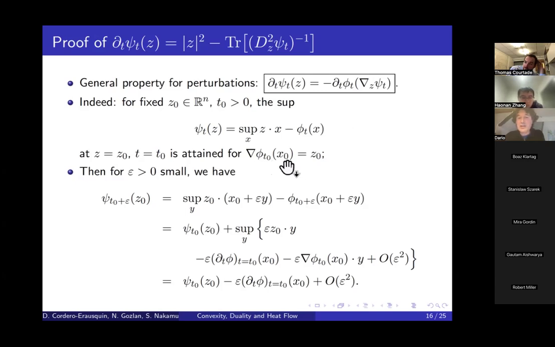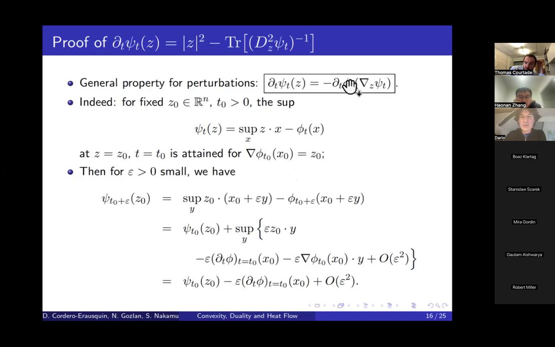If you remember, the Legendre transform has the property that at the level of gradients, it gives the inverse. So the point x naught here is indeed grad psi t naught of z naught.